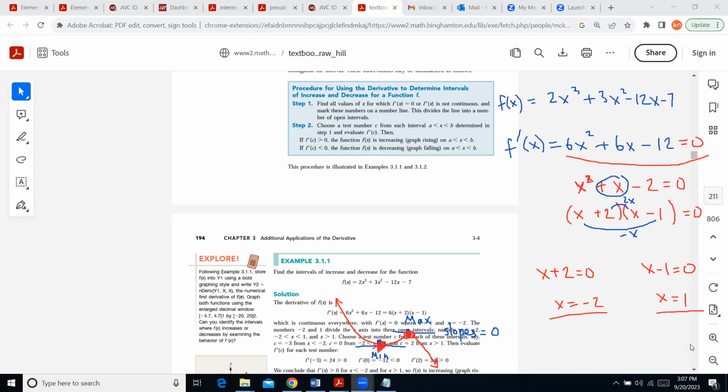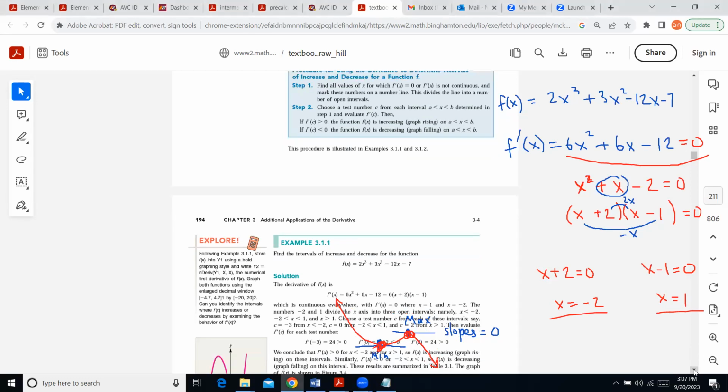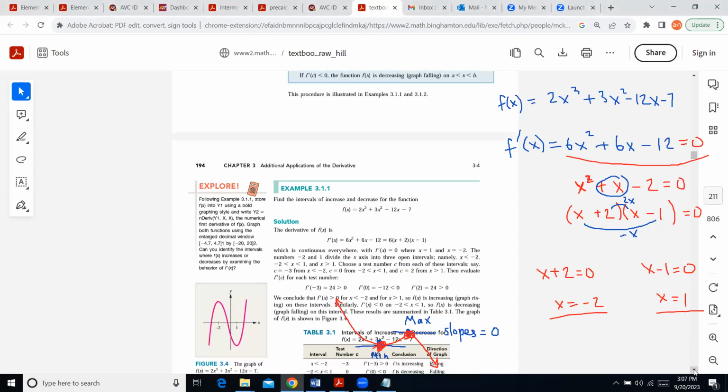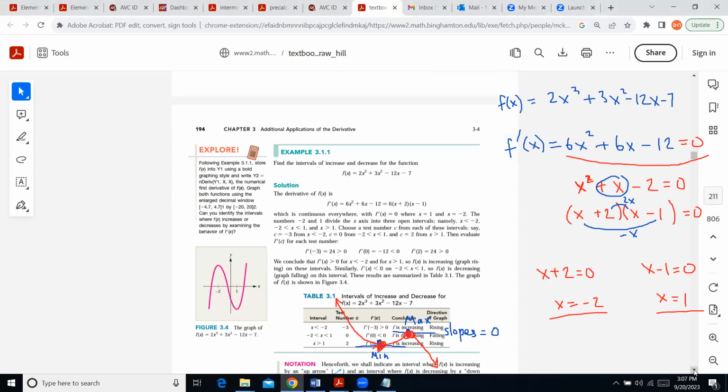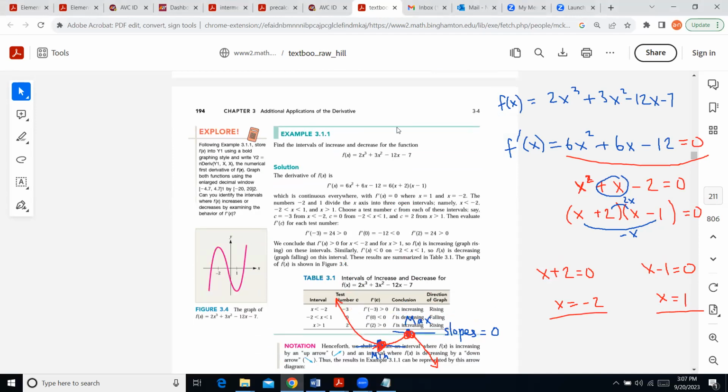And that's exactly what they found out here when they did the same process of finding derivatives. So they found that 1 and negative 2 are exactly those where my function has a maximum and a minimum value.